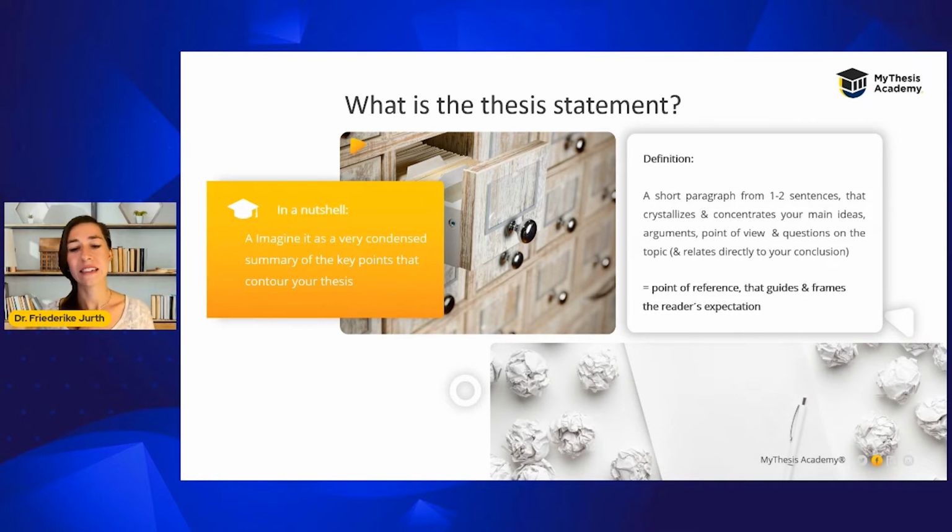You can see it as a short paragraph of 1 or 2 sentences that crystallizes and concentrates your main ideas and arguments, which shows the reader your point of view and addresses some questions on the topic. What you should keep in mind is that the thesis statement is the point of reference that guides and frames the reader's expectation.